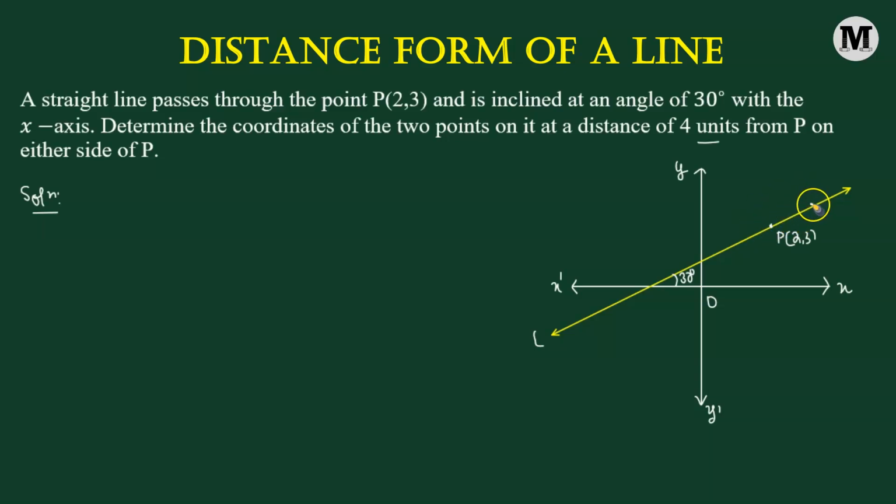So let's call one point Q, which is 4 units away. PQ is 4 units. And we consider another point R, which is also 4 units from the point P, so RP is 4 units, and PQ is also equal to 4 units. Let's suppose R has the coordinates (x1, y1), and Q has the coordinates (x2, y2).